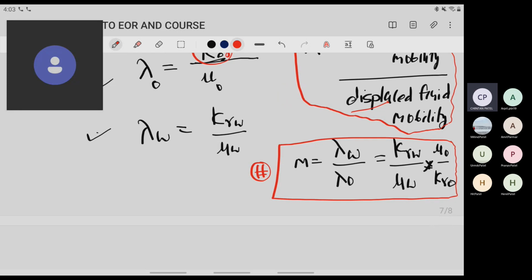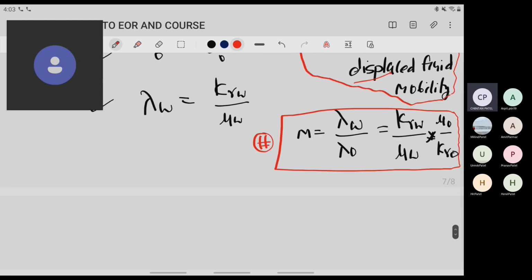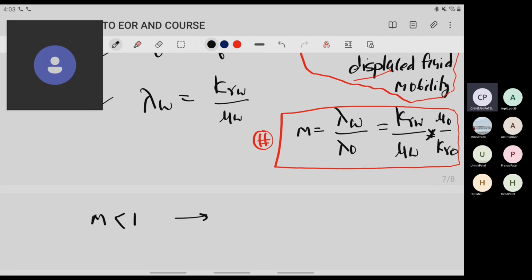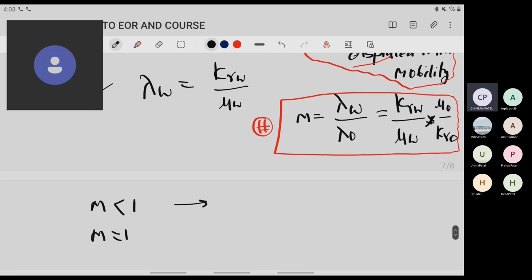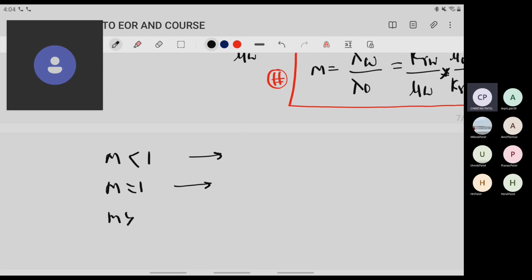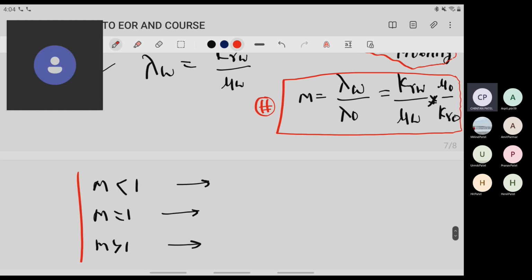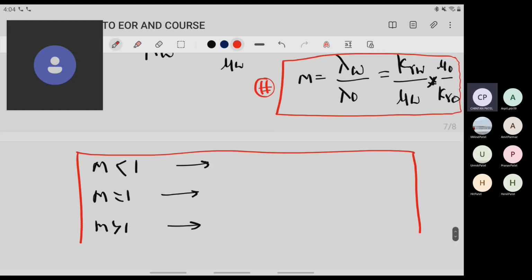Can you tell me whether the mobility ratio should be less than 1, equal to 1, or greater than 1, and what it means in each case? This question can be asked directly in interviews as well as in GATE. It has been asked in GATE more than two times, I think.